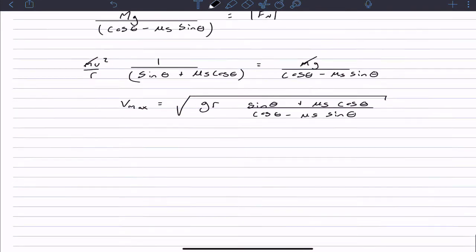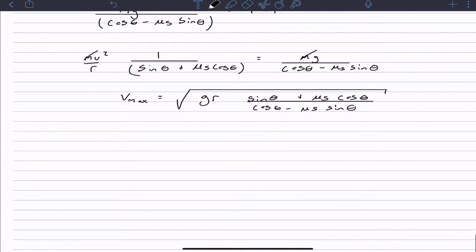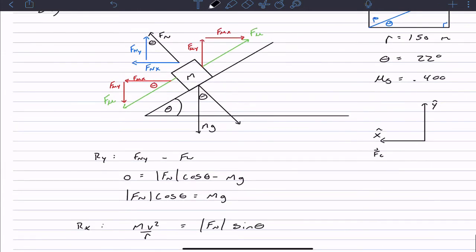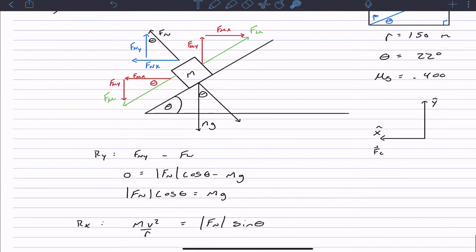Now let's find how slow we can go before this starts slipping off the ramp. We don't really need to go through this entire process again, because if you notice, what we're really going to do is just flip the sign of the frictional coefficient. In this way it was going down, so we had a positive x direction and a negative y direction. In this case it's going up the ramp, so we're going to have a positive y direction and a negative x direction, remember, because I redefined the x-axis this way to keep this positive.